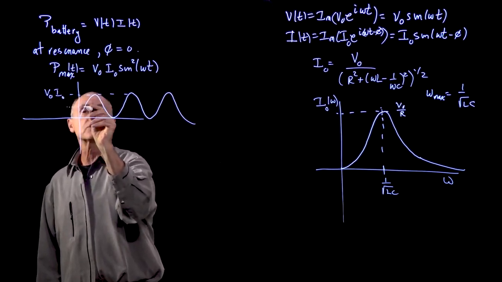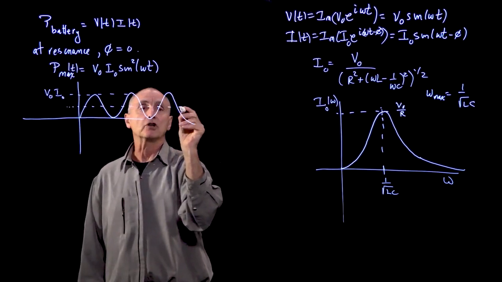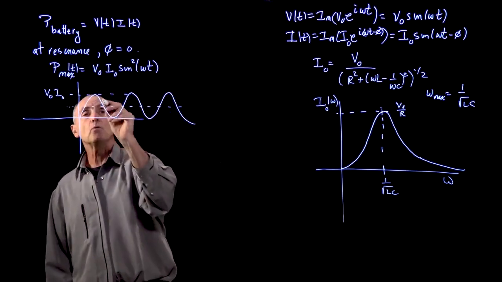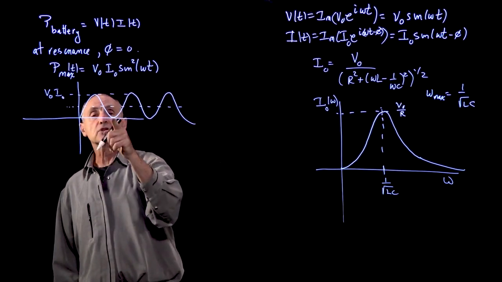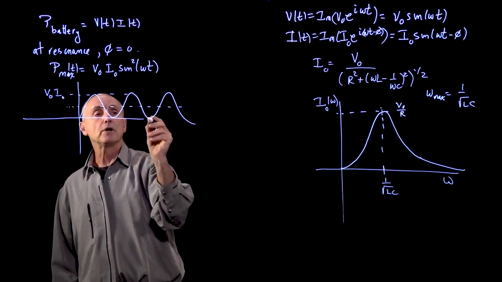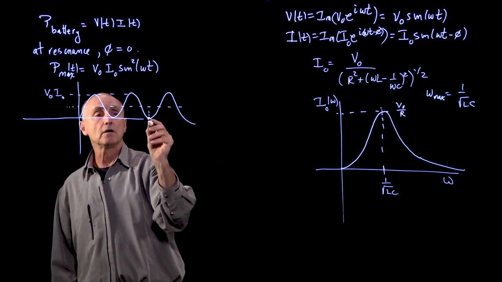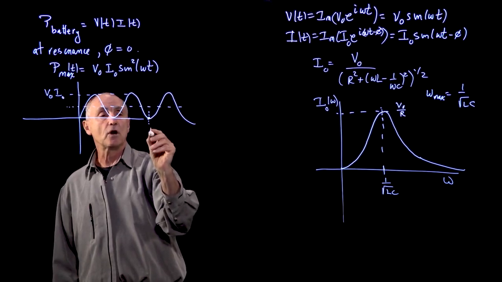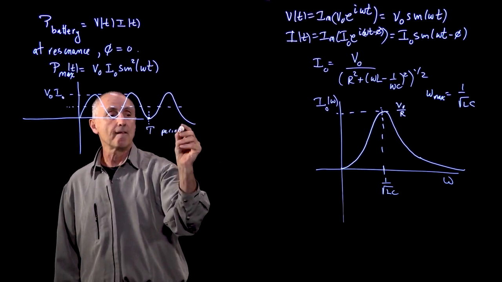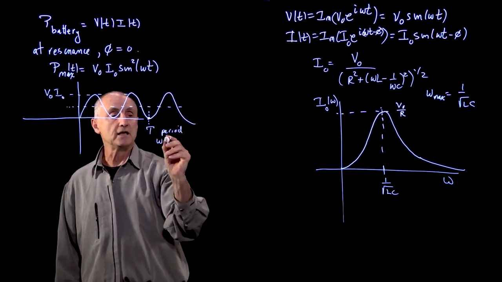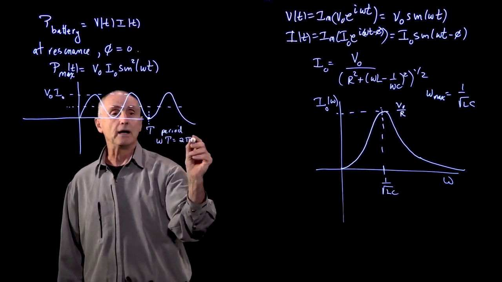Now, one of the interesting things about this sine squared function is that when we look at one period, remember, because it's sine squared, our one period is right here. So this is a period, T, of oscillation. That's when omega T equals 2 pi.